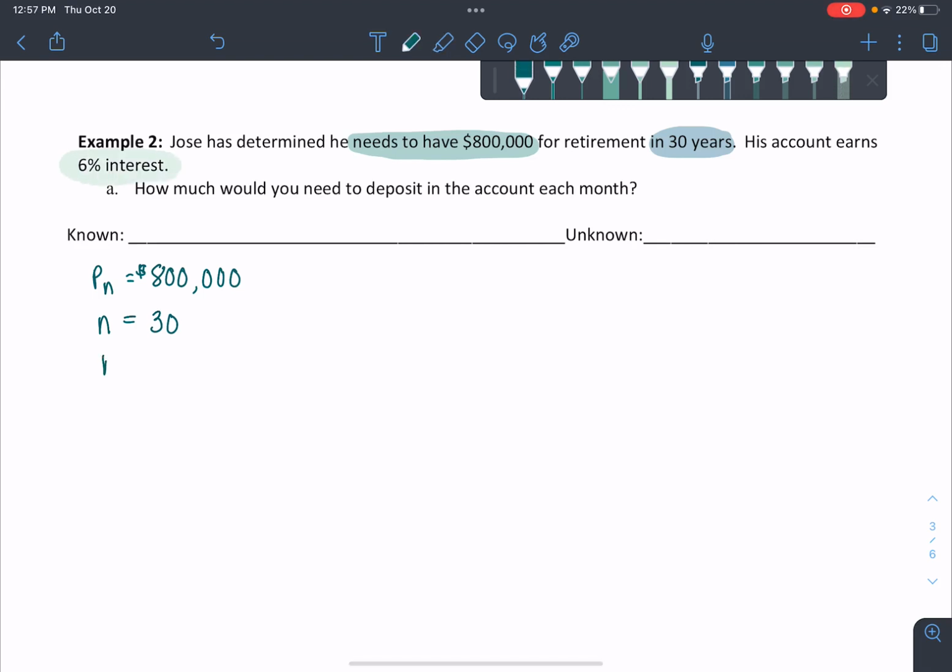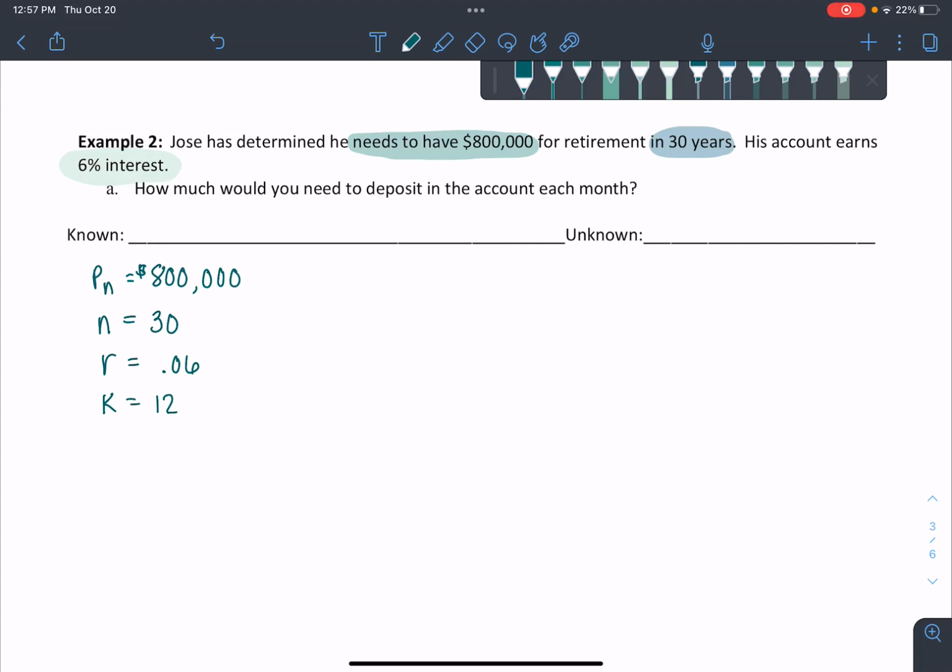That is my R. So 0.06 for R. Okay, next. How much would you need to deposit into the account each month? Well, they haven't specified the compounding. So if that's the case, then we're going to assume, well, you're putting money in every month. So that means we're just going to assume that they're compounding every month. Okay, so for this problem, K will be 12.